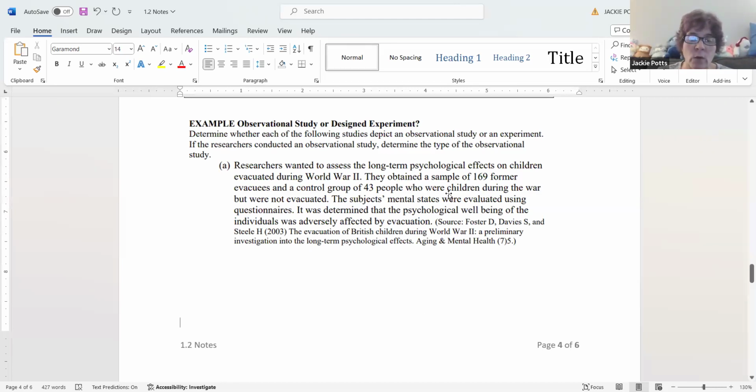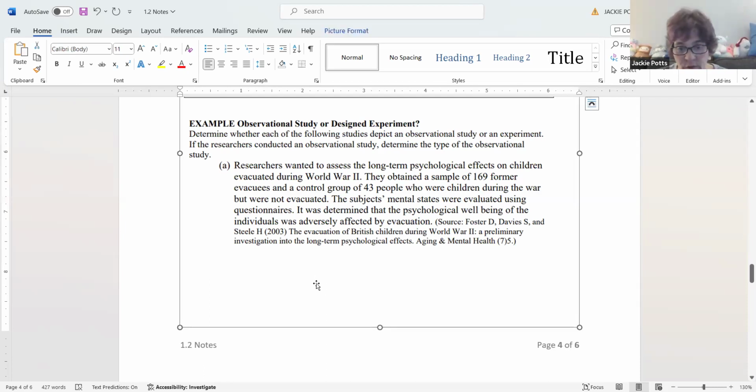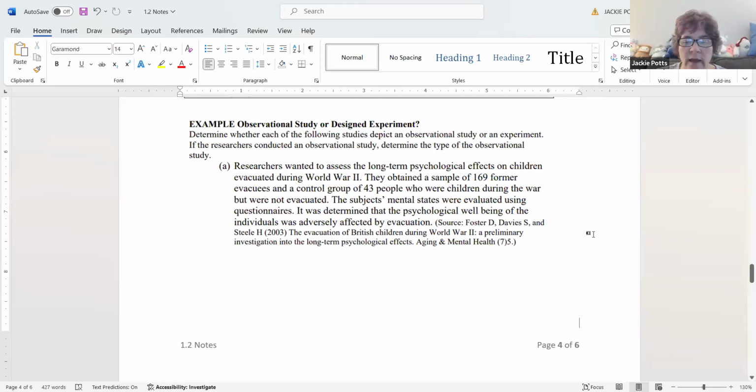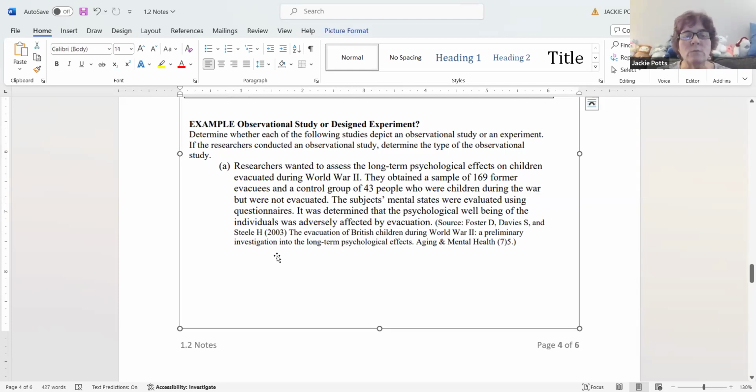The subjects' mental states were evaluated using questionnaires. Is that a designed experiment or observational? Well, I'm going to tell you right now, it is observational. I hate it when they just copy paste because it won't let me write. So we have an observational study because we're just looking at records. We did not tweak anything.